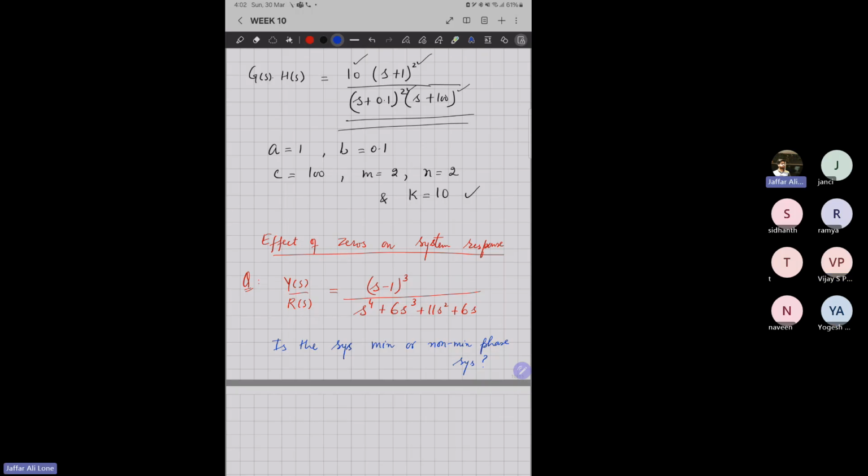We can see there are no poles on the right half plane, so no need to check the poles, but we can definitely see the zeros are lying on the right half. It means it's a non-minimum phase system, right?